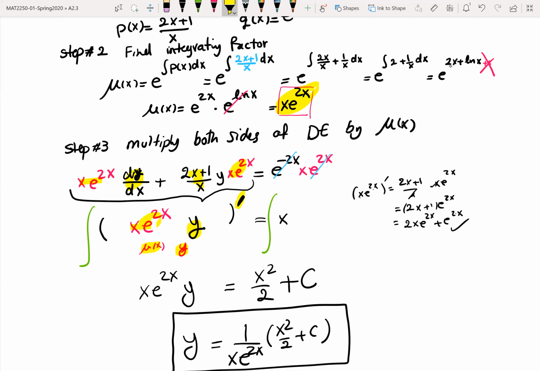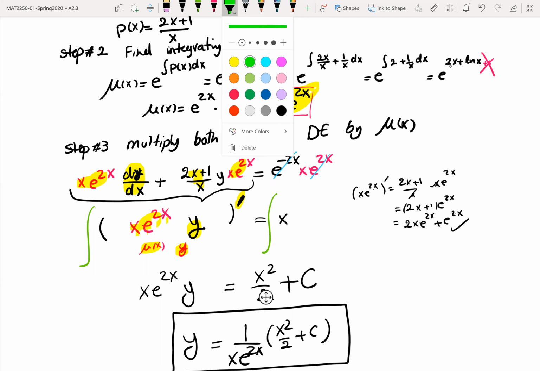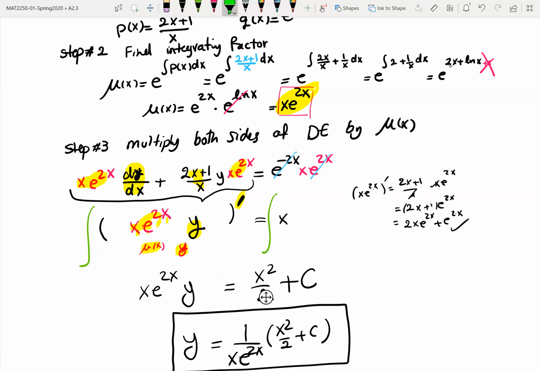The derivative of y is sitting right over here, so this is the derivative of y multiplied by x e to the 2x. The claim is, if I'm right in my computation, this whole thing is going to be the derivative of x e to the 2x times y.